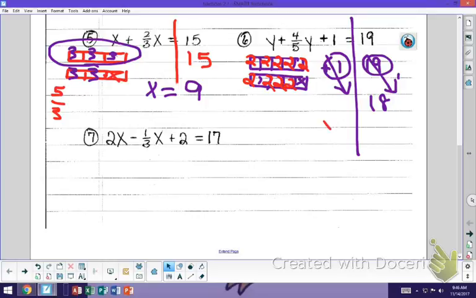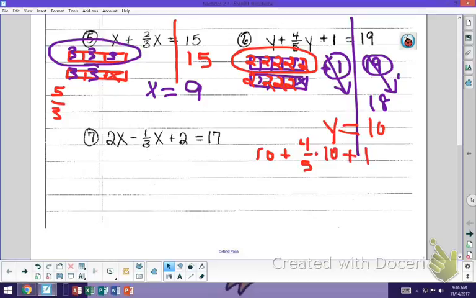So my y this time, again, represents one of the rectangles, one whole rectangle. 2, 4, 6, 8, 10. So y would equal 10. Again, to check it, I'm going to plug it in. 10 plus 4/5 times 10 plus 1.